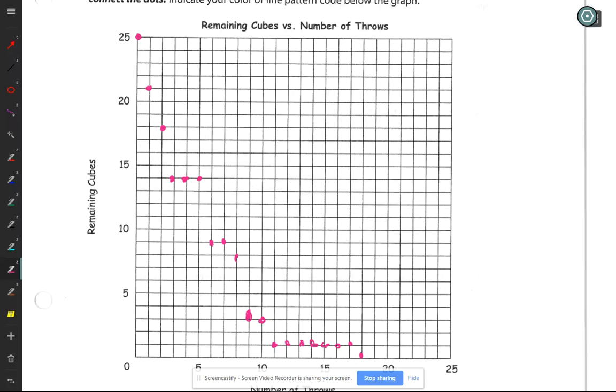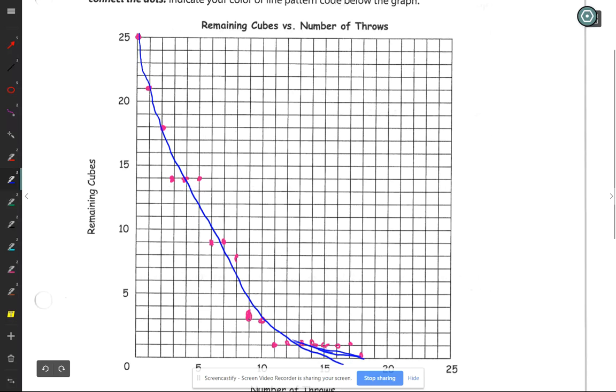Then you make a smooth line through those points. You're not connecting the dots. If you connect the dots, you'll lose points, okay? A smooth line means, and I'm going to change colors here because I can, you start here and you come like this. Okay, the last part didn't go so well.